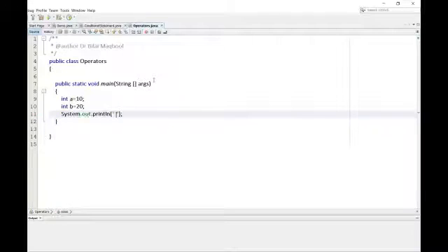We are going to use System.out.println for the summation or addition operator: addition equal to a plus b.